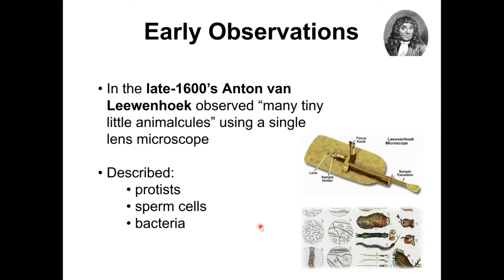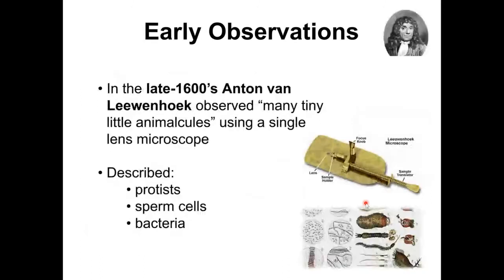So they looked like tiny little animals, animalcules, or whatever you want to say. Sorry, the pronunciation in English. For the first time, he described protists, sperm cells, and bacteria. It was the first time that these organisms were described. These are some of his drawings here. And this was also the first time showing that there was life that was basically invisible to our naked eye.